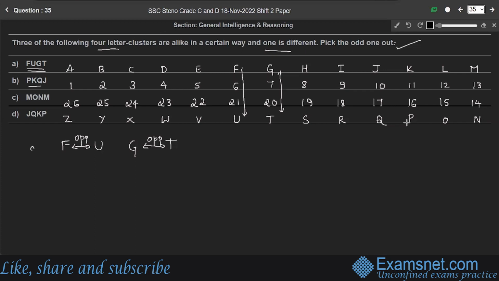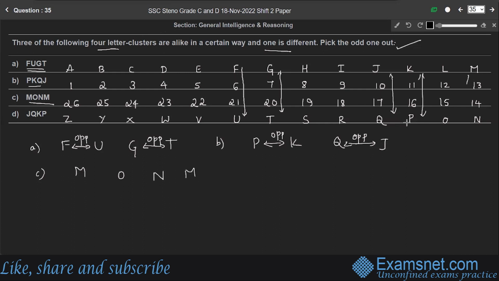Consider option B, PKQJ. P is opposite to K, and Q and J are also opposite letters. Option C: the cluster is M-O-N-M.